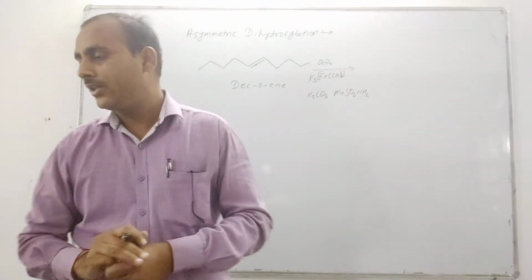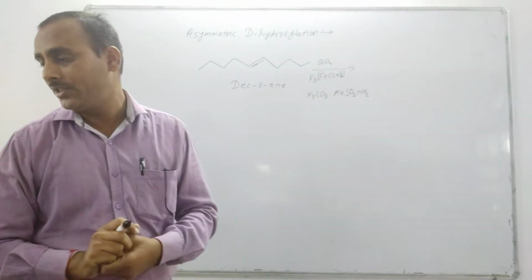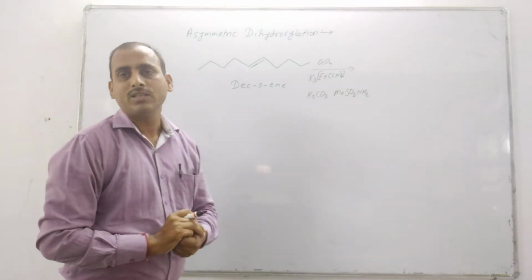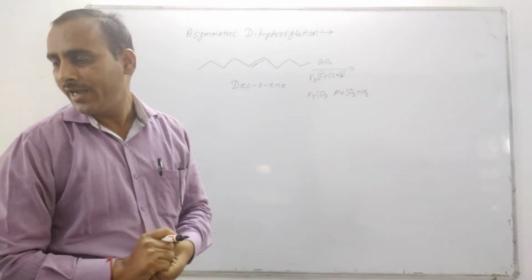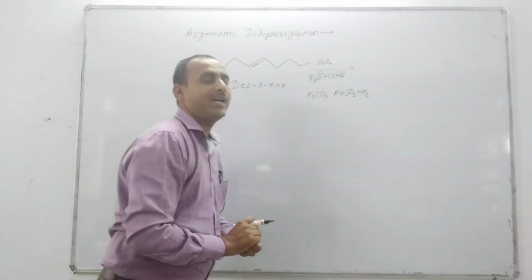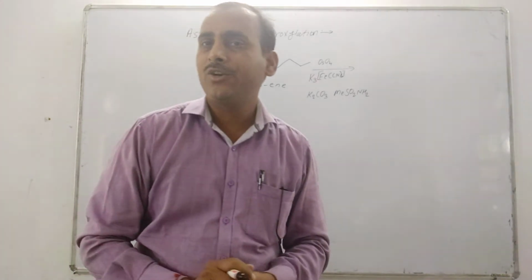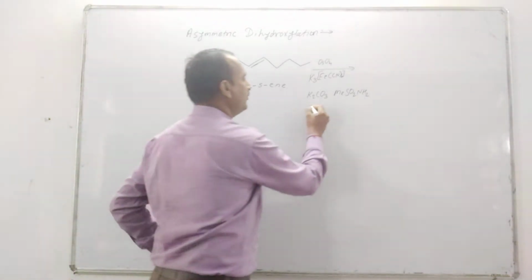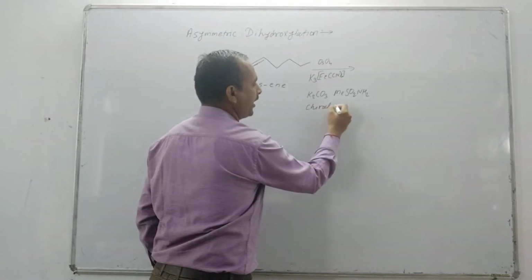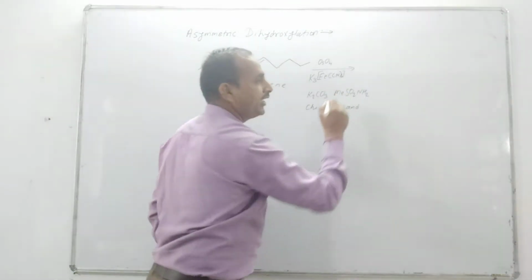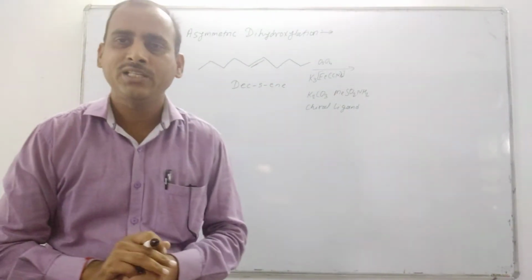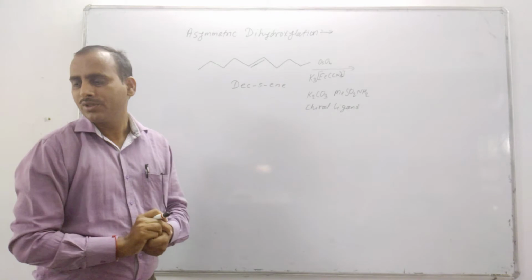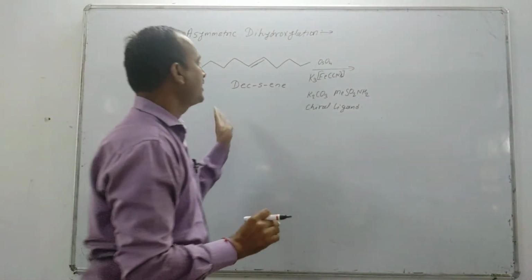So this K3Fe(CN)6 is used as an oxidant, and the additives are K2CO3, methyl sulfonamide, and the chiral ligand used is an alkaloid such as dihydroquinidine or dihydroquinine. So let's see the product.